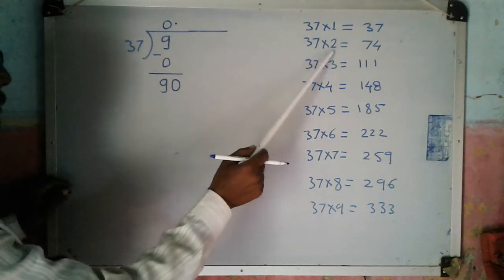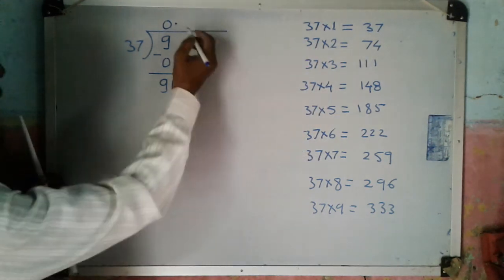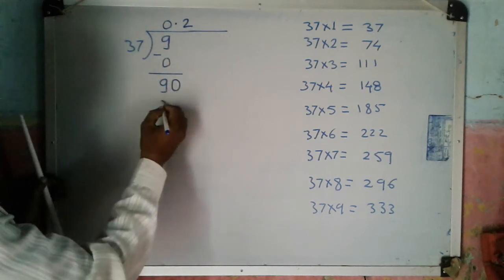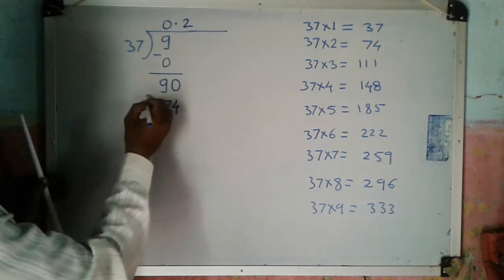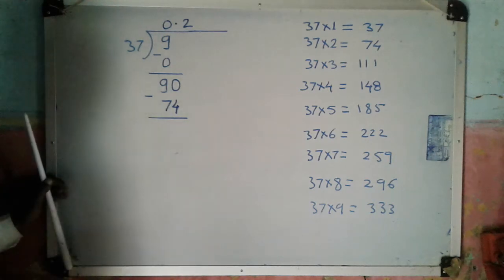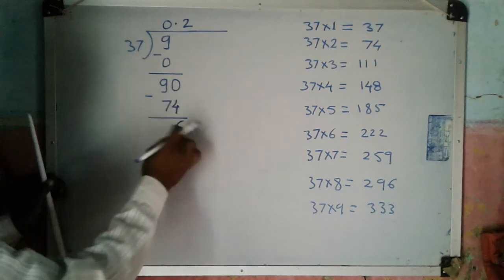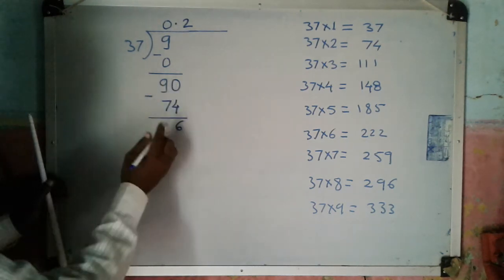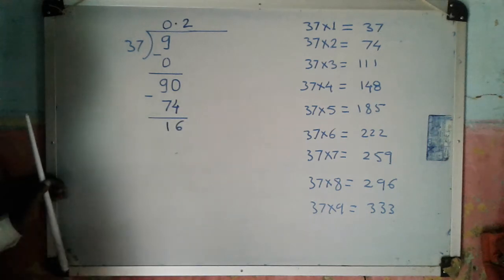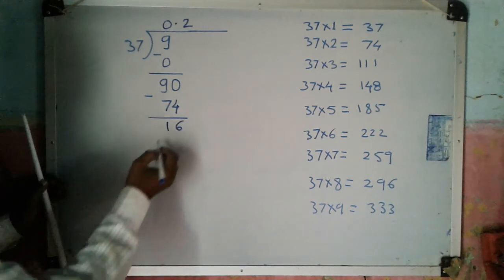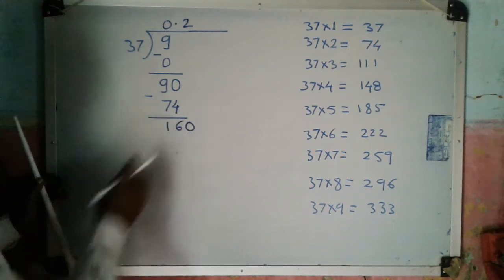That means 37 2s are 74. Now subtract this. Here we get 10 minus 4 is 6, 8 minus 7 is 1. 16. So again take 0 here.